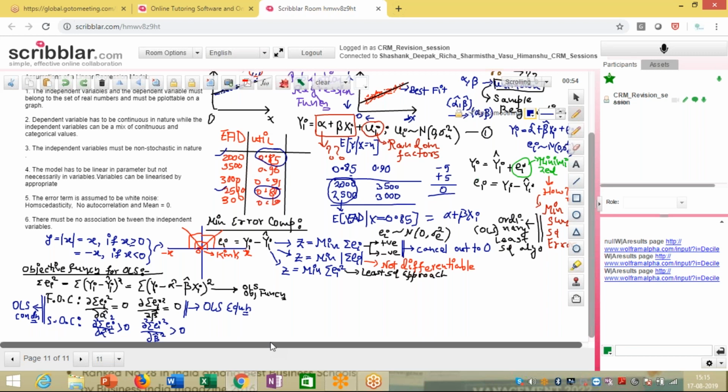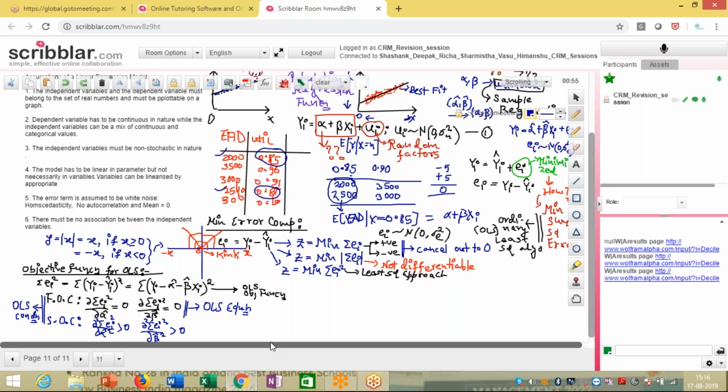Now what we need to do is solve for these equations, the first order and the second order, and check whether the conditions for minimization are satisfied or not. So let's take the first OLS equation. I'll not do all of it, I'll just do the initial bit so that you get an idea, so that the important assumptions that we had held up get cross-checked.